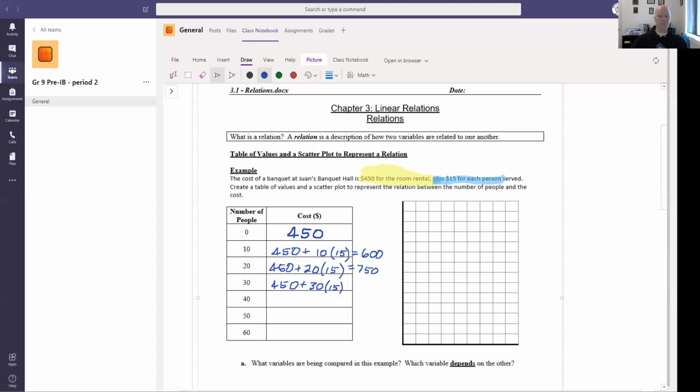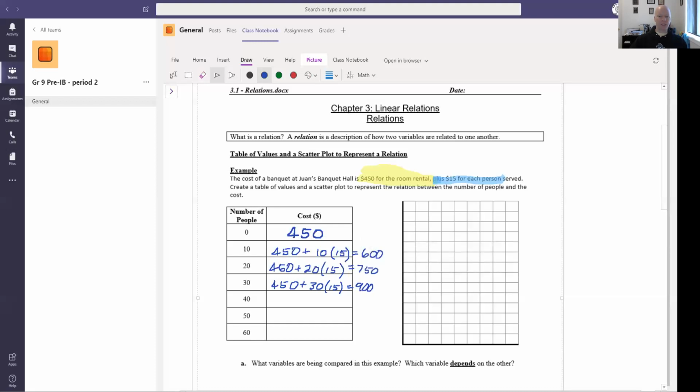And so again, $15 a plate, multiplied by 30. Well, 3 times 10 is 30, 3 times 5 is 15, so 3 times 15 would be 45. And so 30 times 15 would be 450. 450 plus 450 gives me 900.